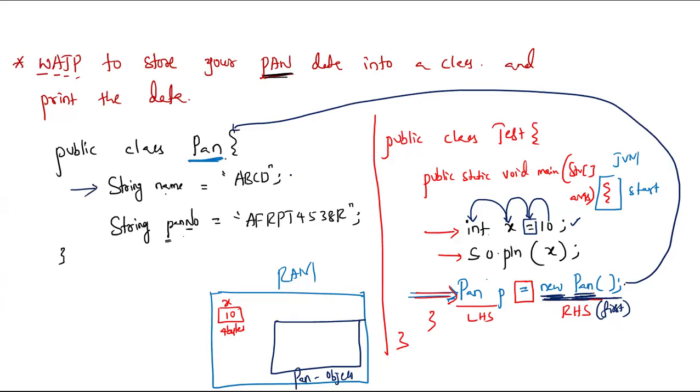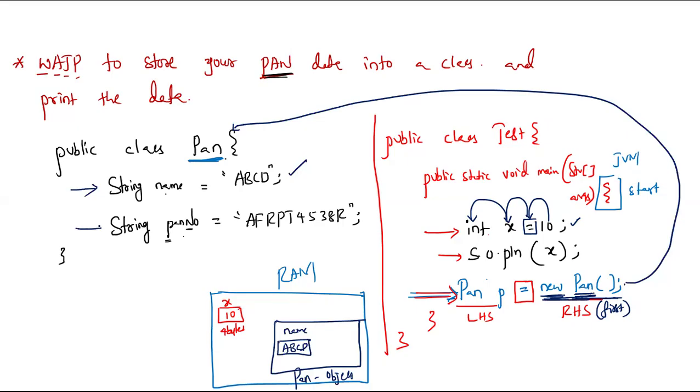Now the first line of code will be executed. So once this is executed, then what should happen? When a line of code is executed with a variable and value, that data must be loaded into the memory. So inside this object only, the name variable with a value called ABCD will be loaded into the memory.